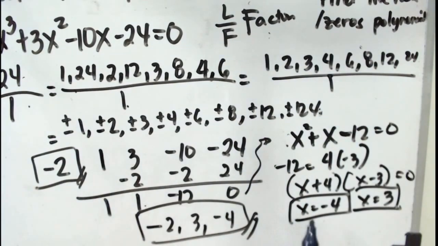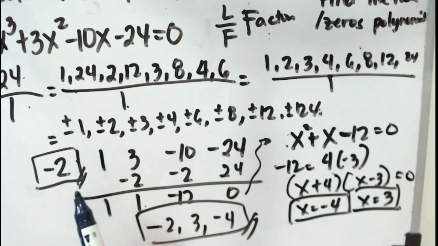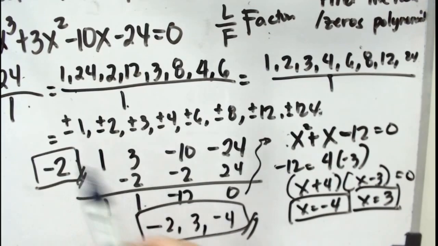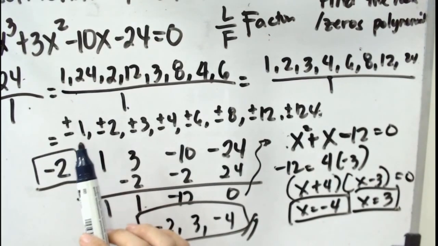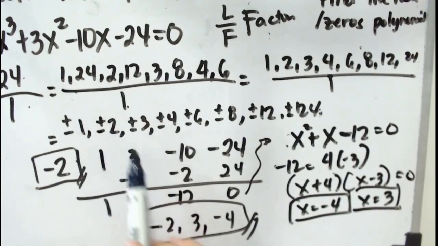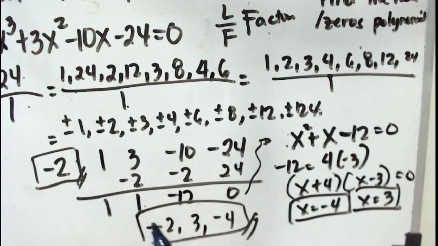And then after finding it using synthetic division, I used -2, and then I found that -2 is one of the zeros. We can also try 1 and -1, but as I said, it is not a factor because the remainder will not be 0. And then we have +2, the same goes.